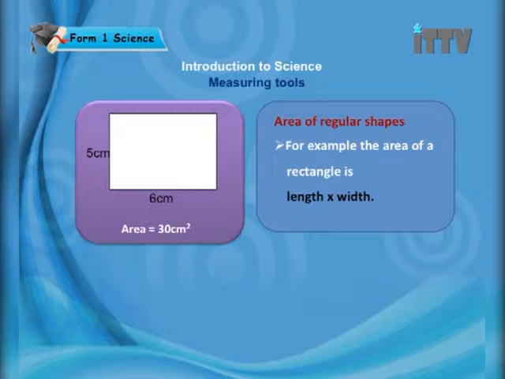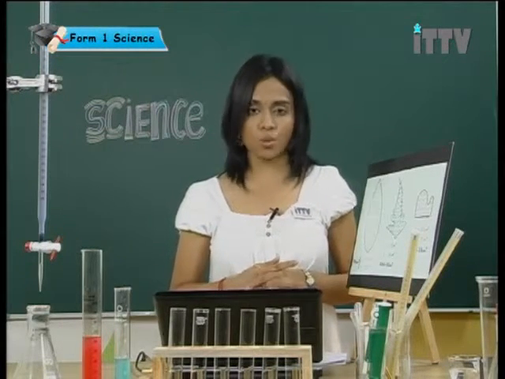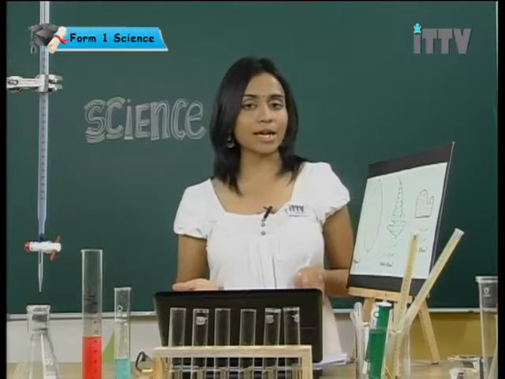According to the formula, to find the surface area, you have to multiply length with width. So 5 multiplied by 6 gives you 30 square centimeter. This is how you find the surface area for a square and a rectangle. Just remember the formula, length multiplied by width. This was all about the regular shapes.